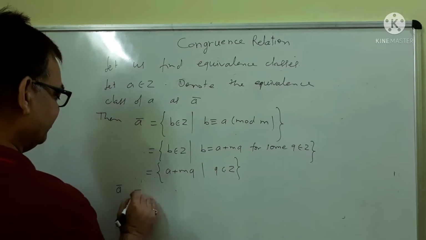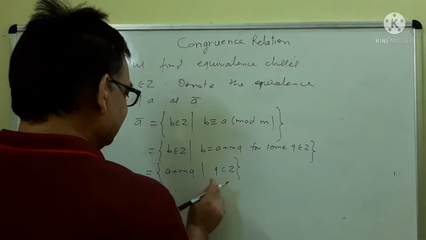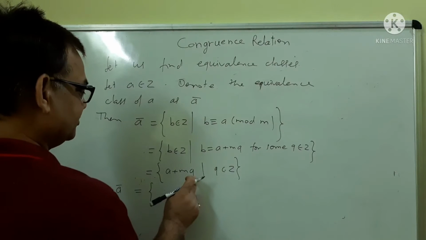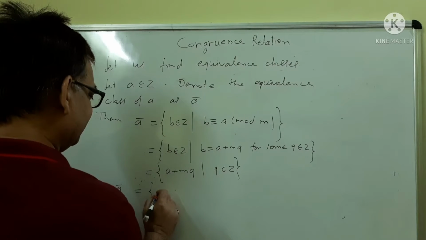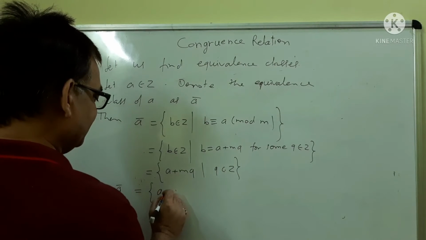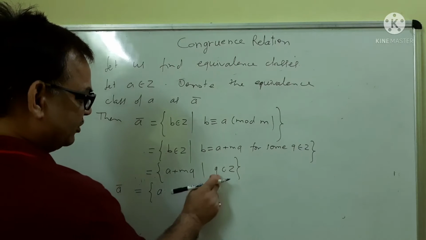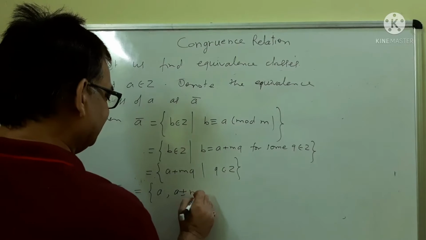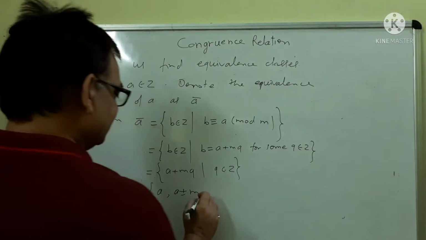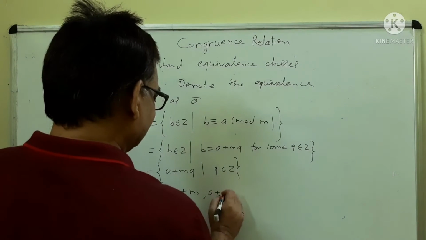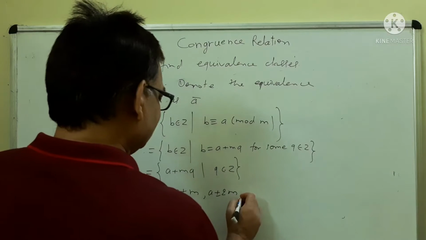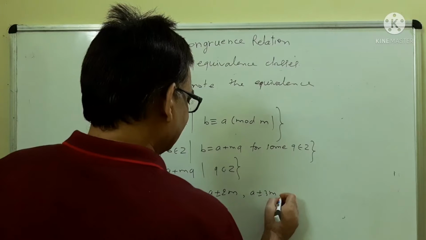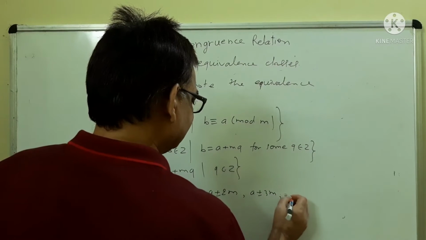Hence a bar will be equal to a plus mq, where q runs over Z. Let us take q equal to 0, then a; plus minus m for q equal to 1; a plus minus 2m for q equal to 2; a plus minus 3m, and so on.